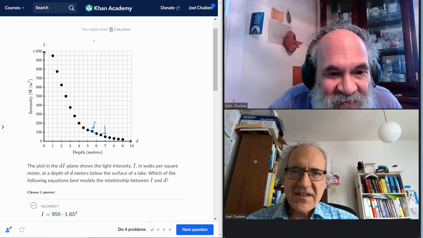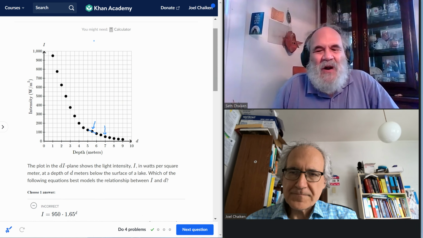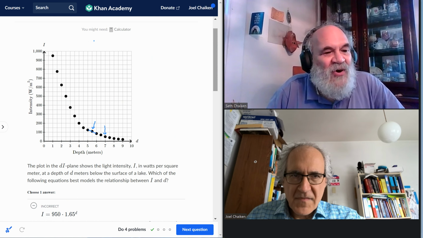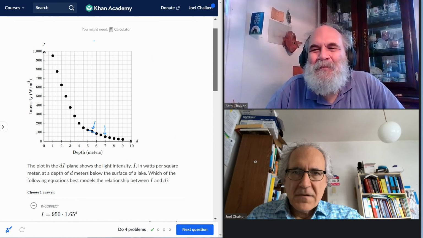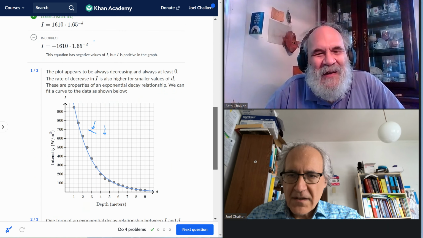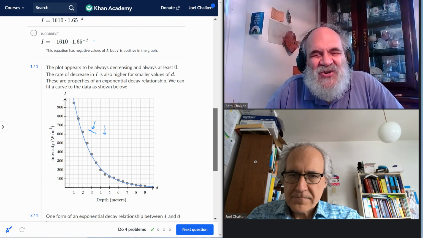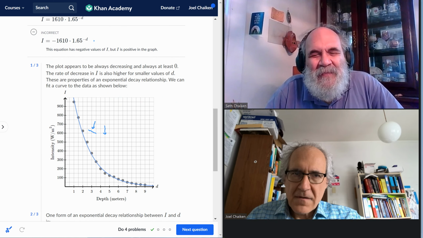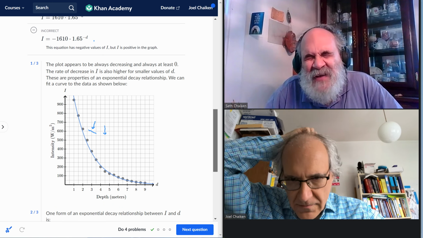So the dots represent measurements, or outcomes, that don't fit the model exactly. You could see that here. So the question was which formula is the best model for the observations shown on the scatter plot?